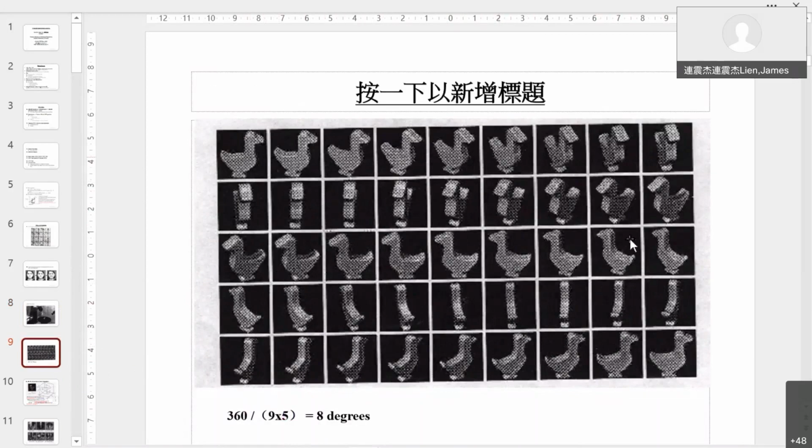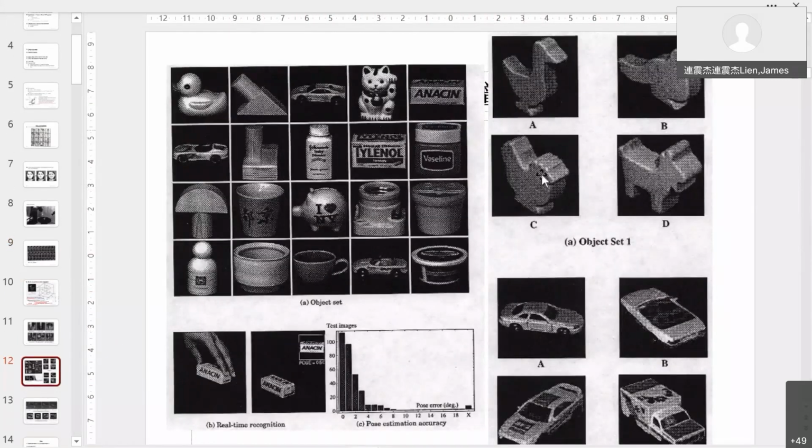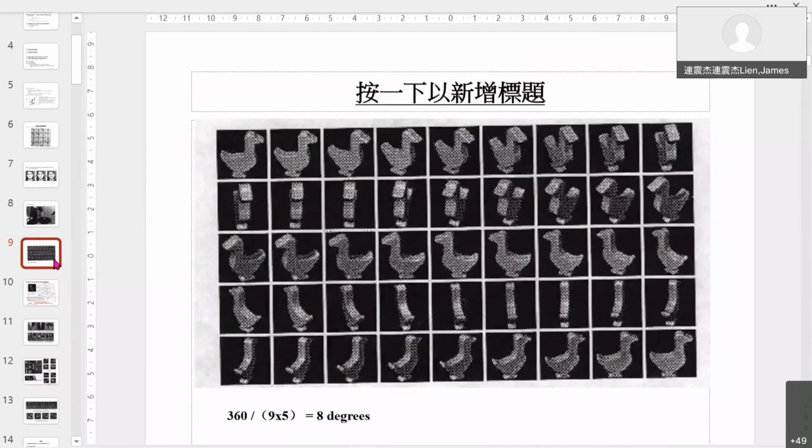Okay, and total suppose 8 degree we take one photo. Each 8 degree we take one. So total you have 45 images, just one target. And suppose you have 4 targets, each one you need to have 45 images and put on the database. So when a new target comes in, you need to take one and compare with those images. So those kind of calculation, you waste your time. So what can we do? We need to use PCA.